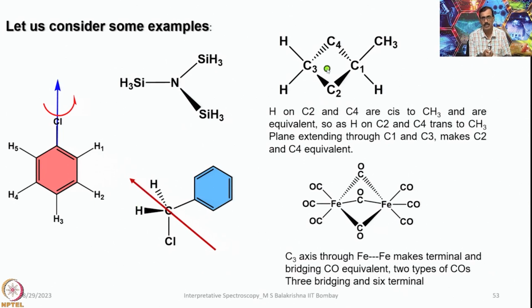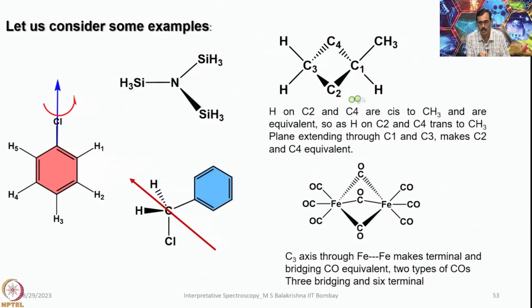Similarly, if you consider this picture I have shown here, the H on C2 and C4, and the hydrogens on C2 and C4 cis to CH3, which I haven't shown here, are equivalent, as are the H on C2 and C4 trans to CH3. The plane extending through C1 and C3 makes C2 and C4 equivalent.